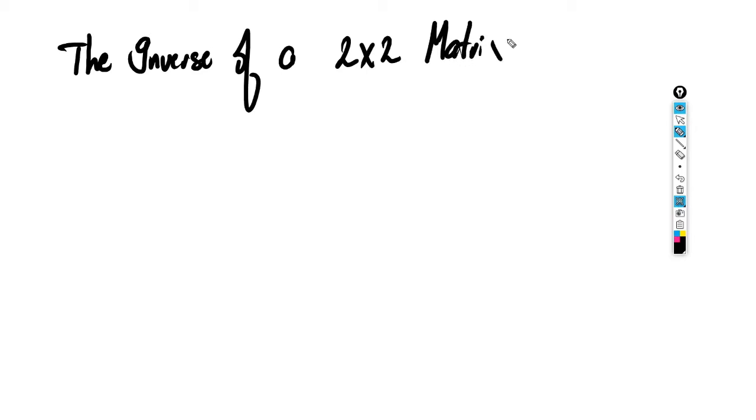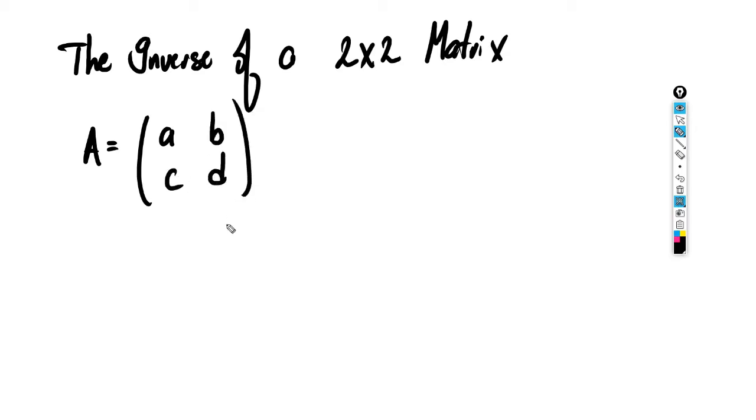Let's define it. Let's say you have a matrix with the same letters here, A, B, C, D. The inverse, which we would call A to the negative 1.